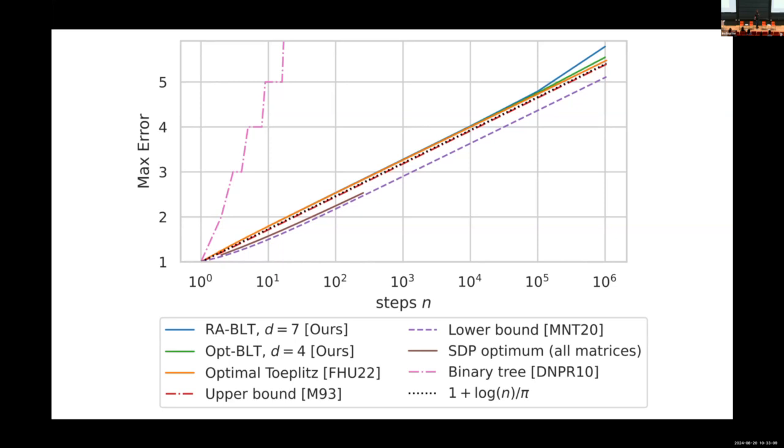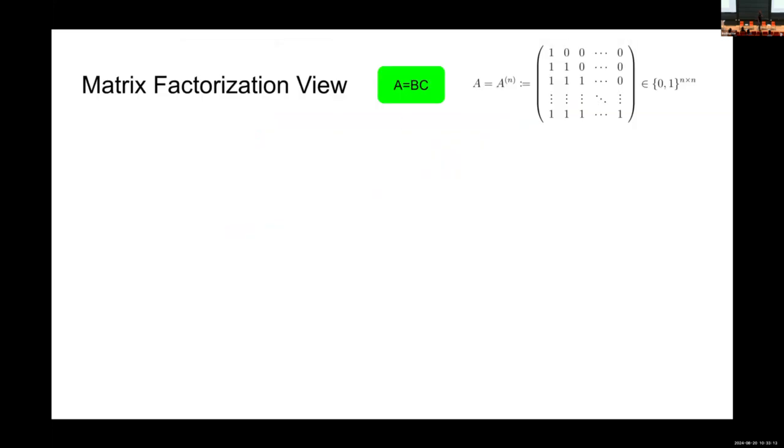Okay, so I've told you what the results are. Let me now very quickly go into what's going on. So the key thing is that we have to view this as a matrix factorization problem. So I told you this is the task of the algorithm. It's supposed to output the prefix sum. We can view this as multiplying by some matrix A, where A is all ones below the diagonal and zeros above.